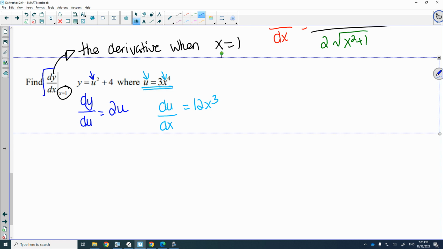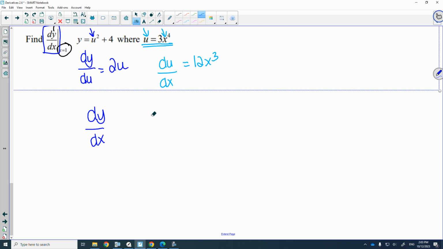They want me to find dy dx. If I multiply these two functions together, my du's will cancel, and I'll be left with dy dx. So let's multiply those two functions together. So we're going to multiply 2u times 12x to the 3.